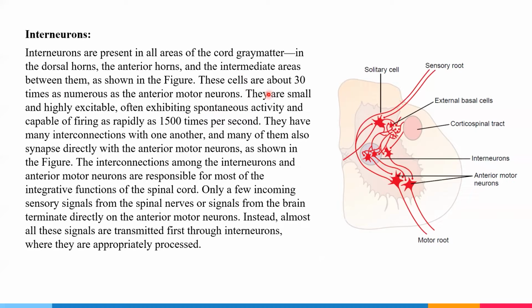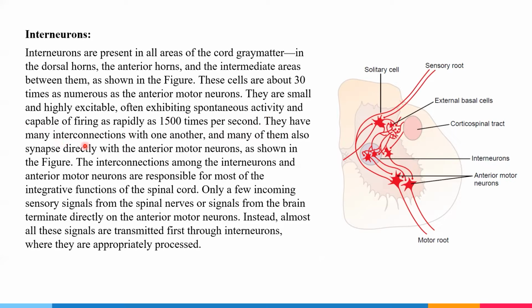These cells are about 30 times as numerous as the anterior motor neurons. They are small and highly excitable, often exhibiting spontaneous activity and capable of firing as rapidly as 1500 times per second.